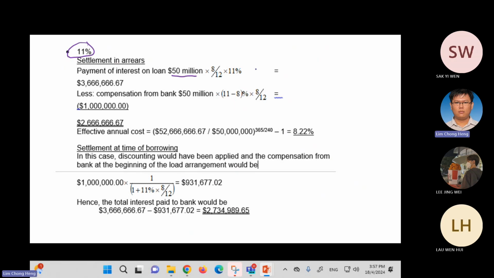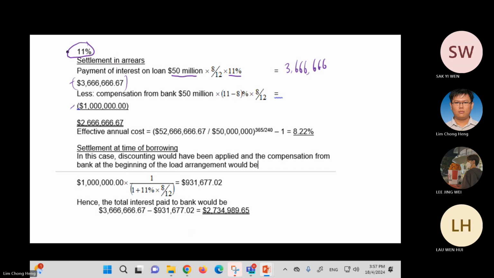You pay 50 million and cost is 11%. And then you use it for 8 months. So the total interest payment for you is 3.666666 million. And the answer is here. You no need to take another picture.